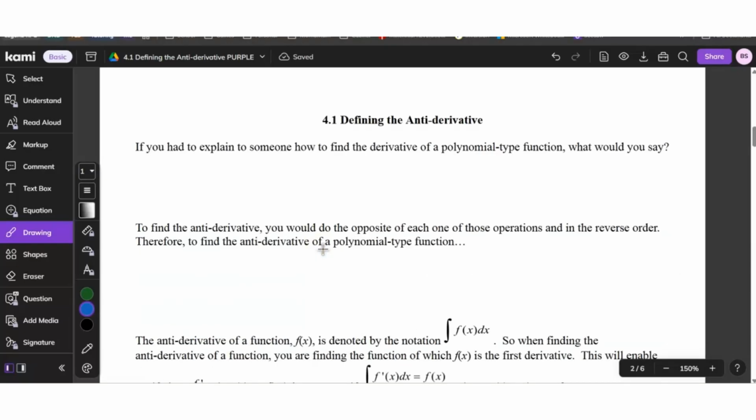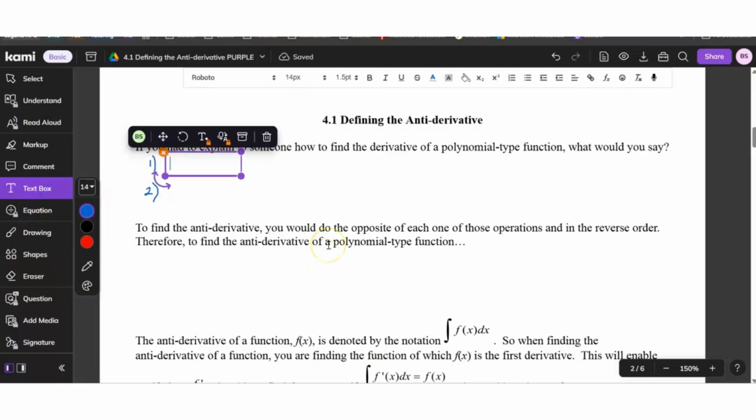All right. If you had to explain to someone how to find the derivative of a polynomial function, what would you say? What are your steps? What do you do with the exponent? The power rule, guys. Yeah.